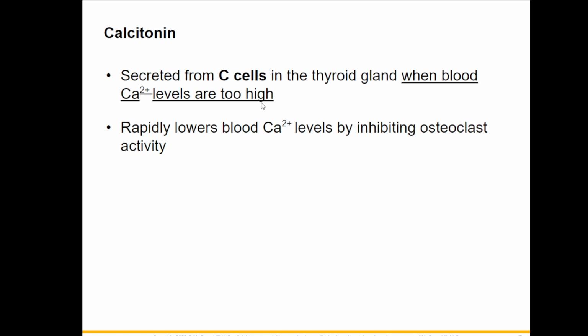The goal of calcitonin is to lower the amount of calcium in the blood. So it is the opposite of PTH. Calcitonin's goal is to lower the amount of calcium in the blood. And how does it do it? It rapidly lowers our blood calcium by inhibiting osteoclast activity. Okay, so it inhibits the osteoclast activity.